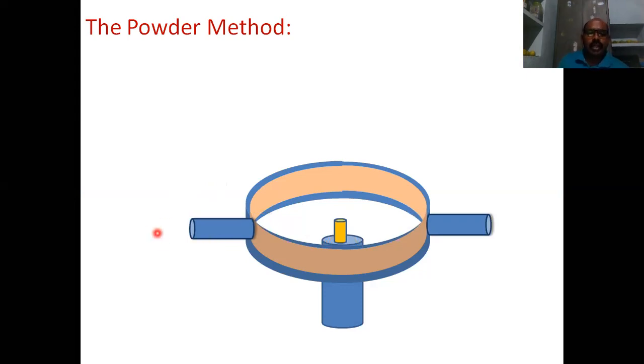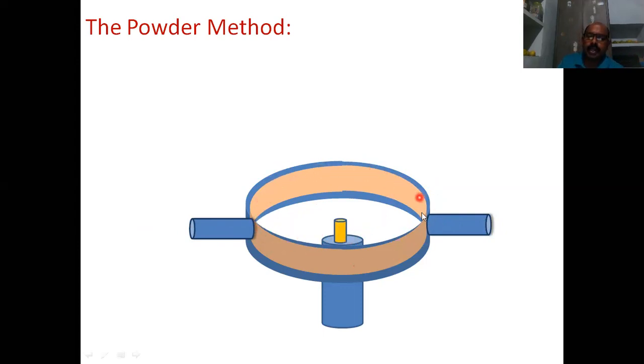The light ray, after coming from the filter, the monochromatic ray comes from here and falls on the sample, and it gets diffracted in all directions, and the rest goes away through this path. This is called a Debye-Scherrer camera.